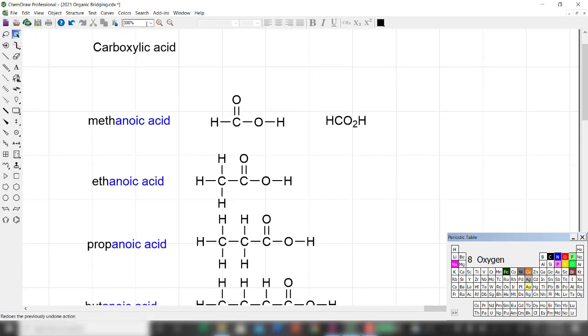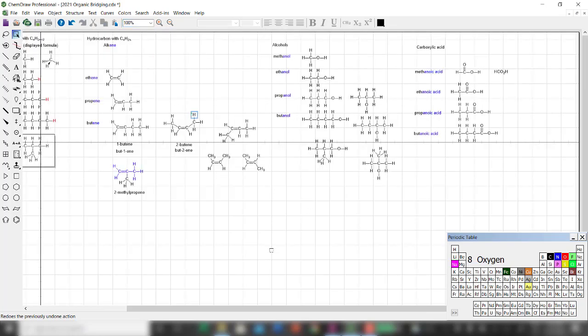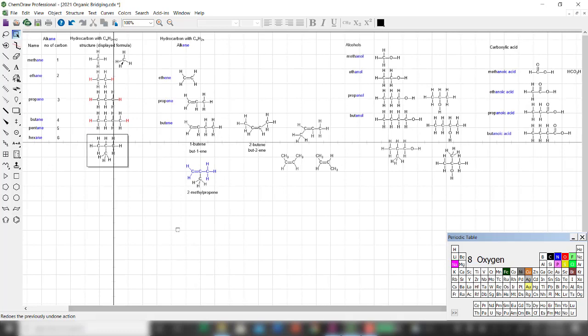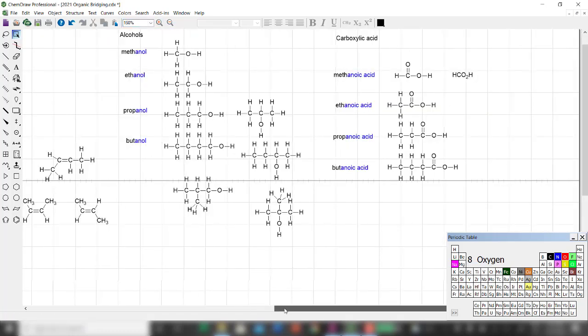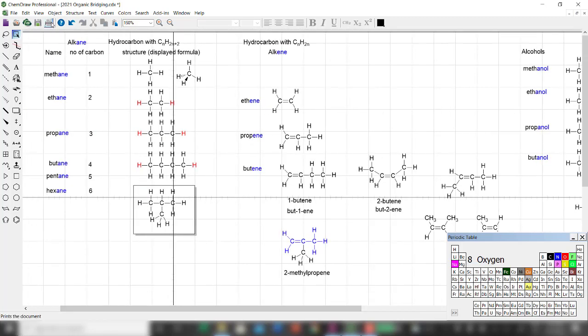So in short, I'm just going to zoom up a little bit. In secondary school, you have learned four major functional groups. One is alkane. One is alkene with a CC double bond. The usual misconception students have on alkene is that there can only be one CC double bond. That is not correct.